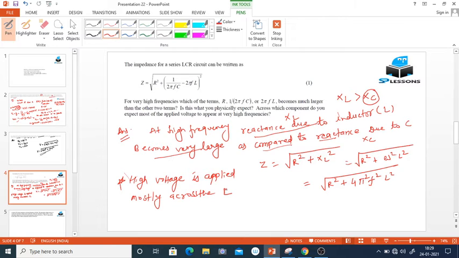So high voltage is mostly applied across the inductor L. I hope you understand my solution. Let us go to the next question.